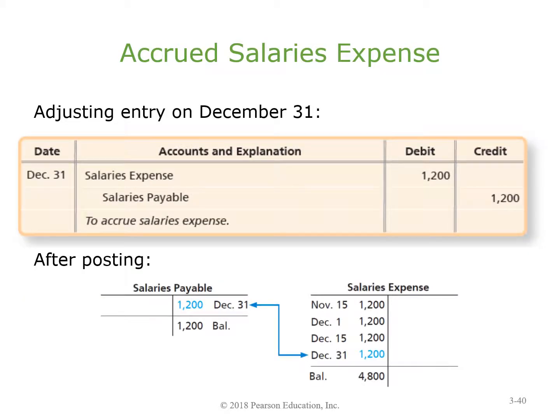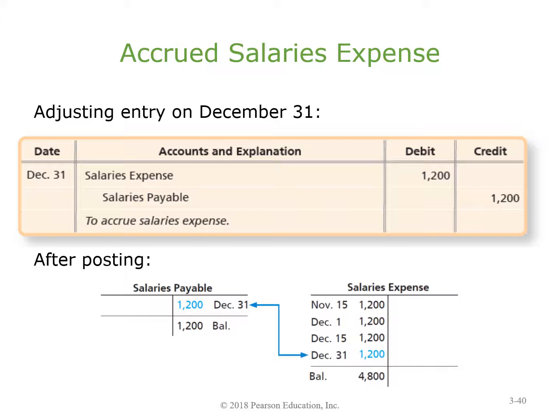Then at the end of the period on December 31st, we need to prepare financial statements. So we need to show how much the employees have worked since the last time we paid them. We're not going to pay them yet. We can look at the calendar and see how many days they have worked since the last time they have gotten paid, but they're not technically going to get paid until January the 1st.